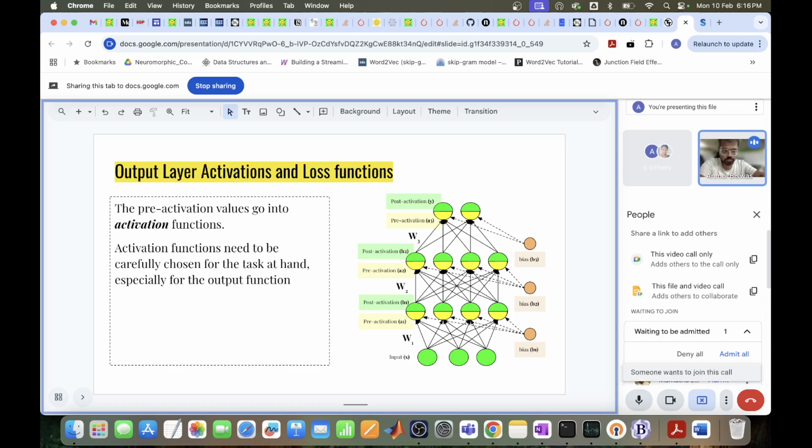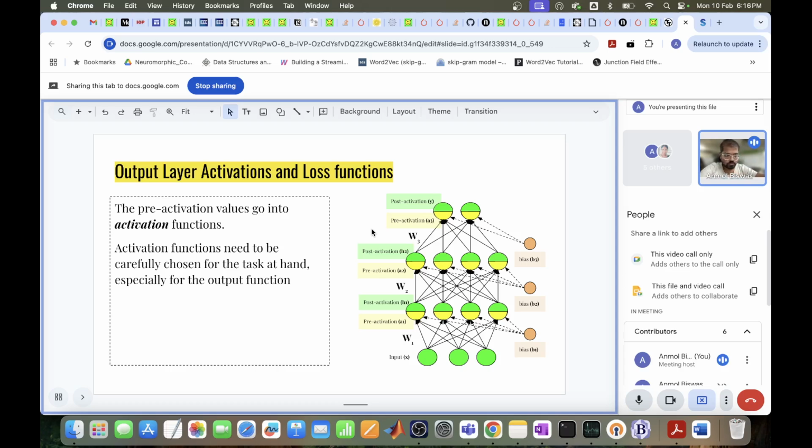Here, as you have noticed, the pre-activation values go into something called activation functions, right? The choice of the activation function is the first engineering choice that you have to make to make your networks work, to make them run.